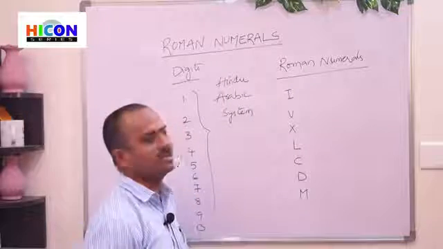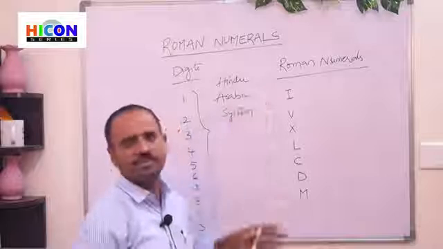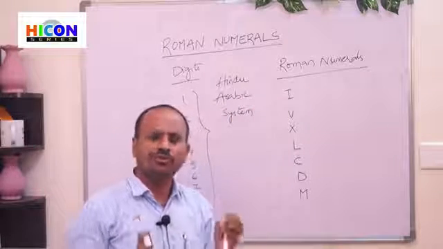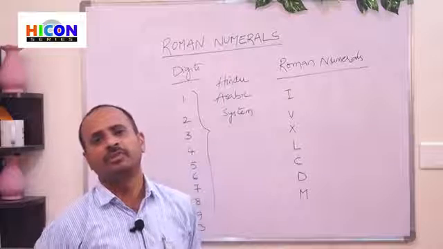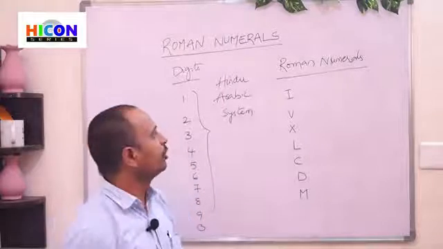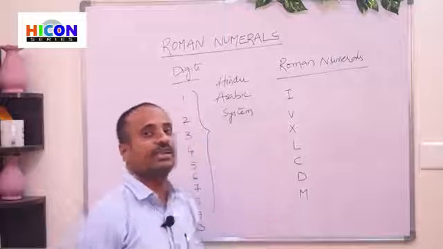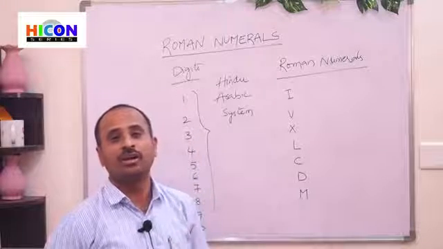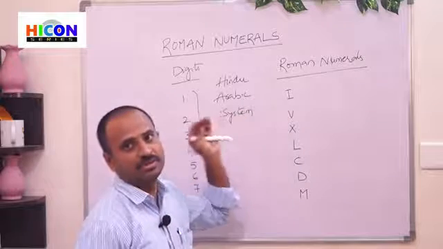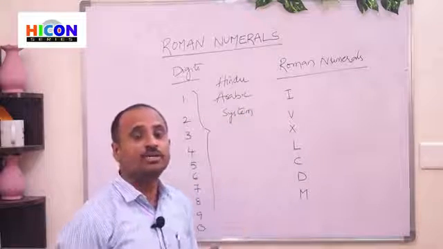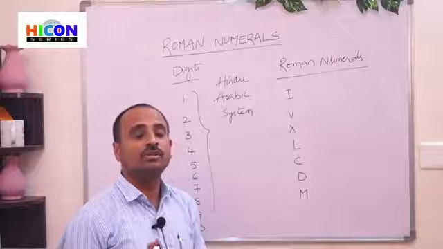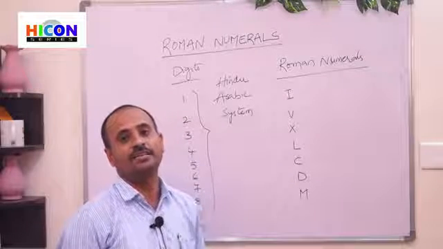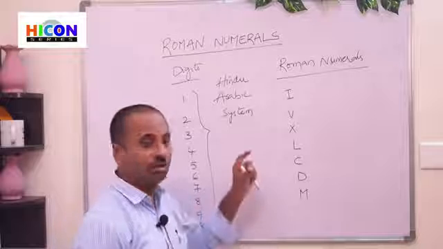But children, these have little importance today. That's why Roman numerals are used only in a few situations in our daily life. Can you tell me where you observe Roman numerals in daily life? For example, in some wall clocks you will observe these symbols. And in your classrooms, these symbols are used for your standard, that means first standard, second standard, and fourth standard.